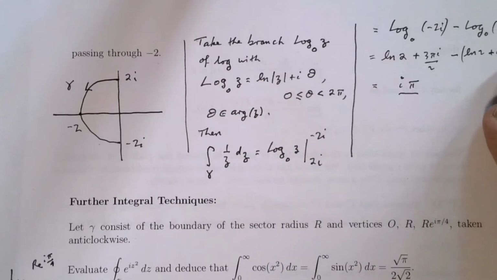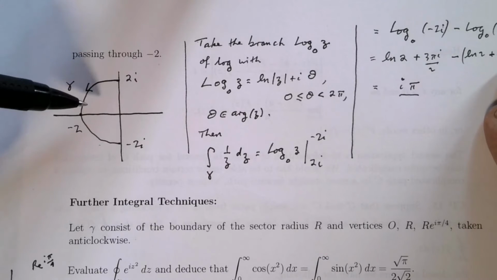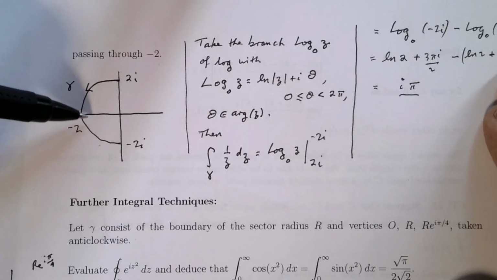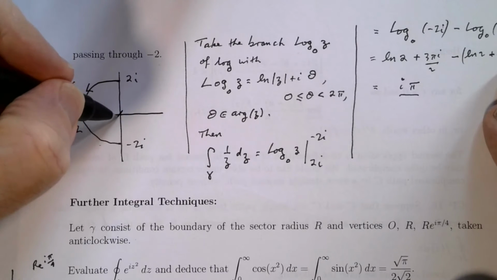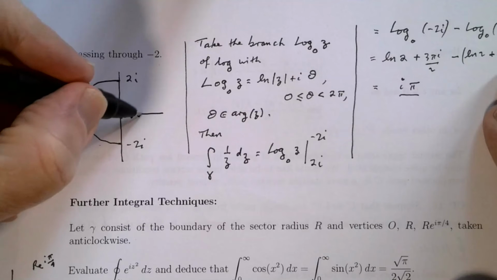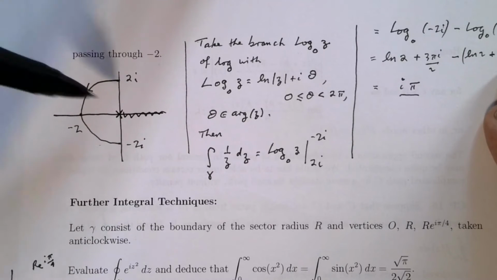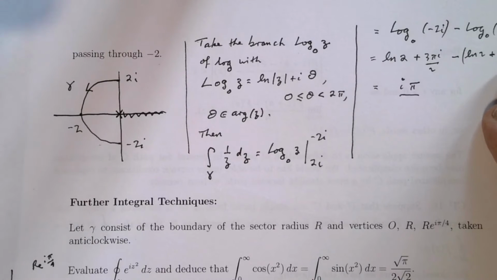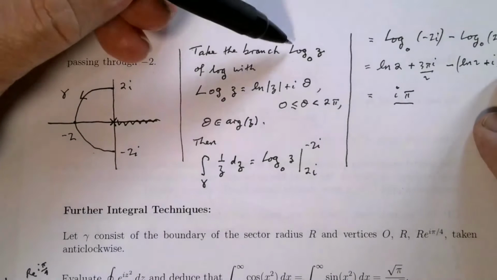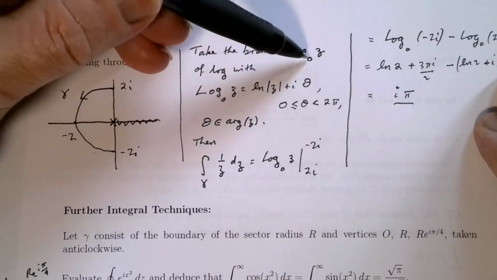So what I'm going to do is, the capital Log is not analytic along here, so I'm going to take a branch of log where we lose analyticity over here, and that's well away from our contour. So using the notation we had before, I'm going to take the branch capital Log sub 0 of z.